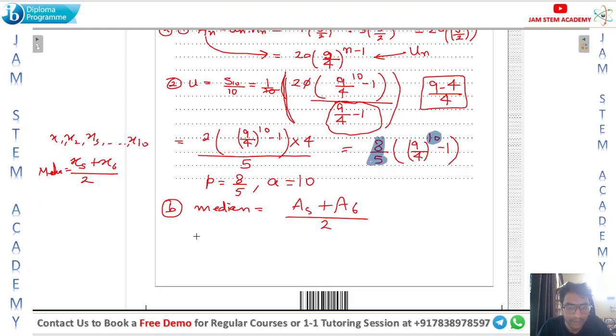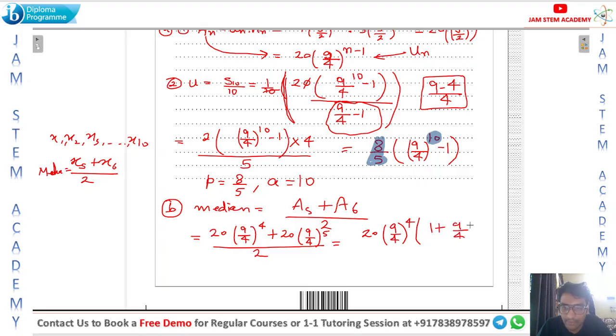So we get 20 times 9 by 4 whole raised to the power 5 minus 1, which is 4, plus 20 times 9 by 4 whole raised to the power 6 minus 1, which is 5, whole divided by 2. Now just simplify it, take out 20 times 9 by 4 whole raised to the power 4 as common, and we get in the bracket 1 plus 9 by 4, divided by 2.